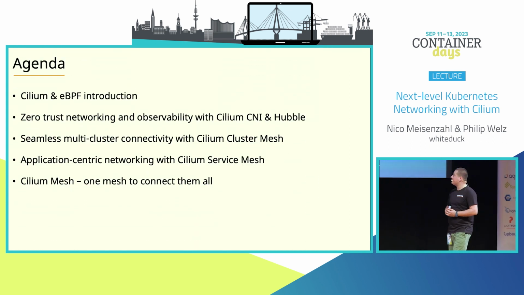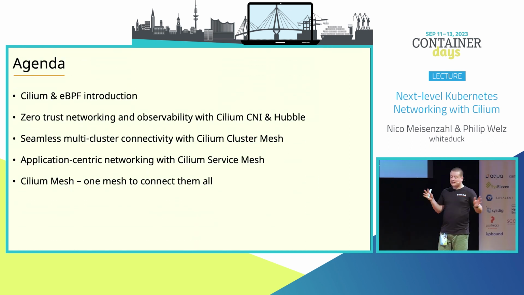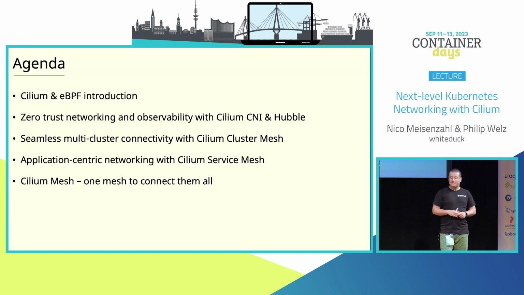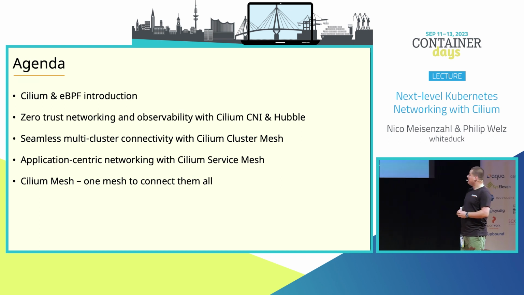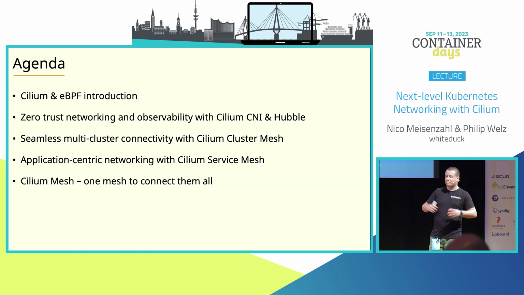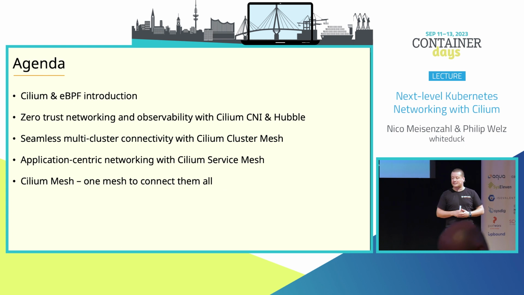Now the agenda for the next 30 minutes: we're starting briefly with a Cilium eBPF introduction, but really just the baseline to get everyone on the same level. Then Phil will start with Zero Trust networking and observability with Cilium CNI and Hubble. Afterwards, we'll see how we can connect multiple clusters with Cilium cluster mesh to really shift around workload on different clusters.